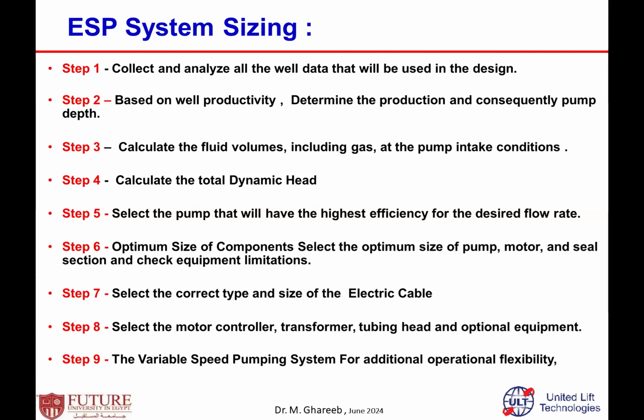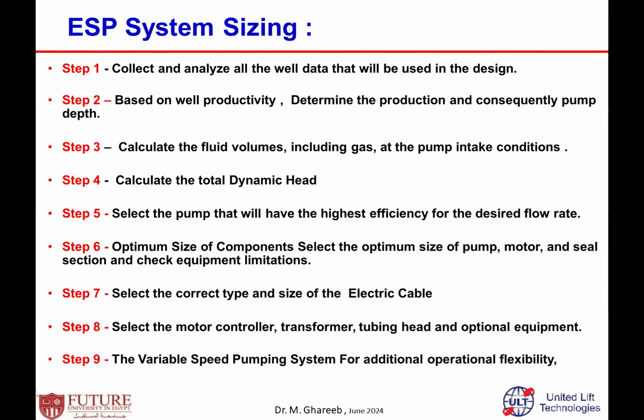When you calculate the volume the pump has to displace downhole, calculate the total dynamic head and select the pump that can run at the highest efficiency, optimizing the size of all the components.